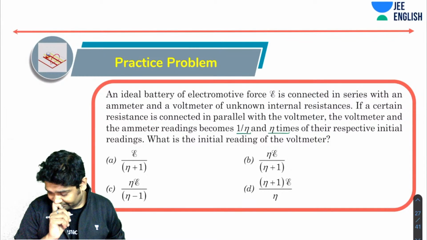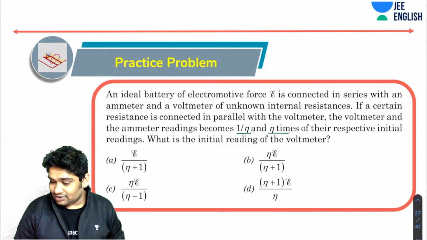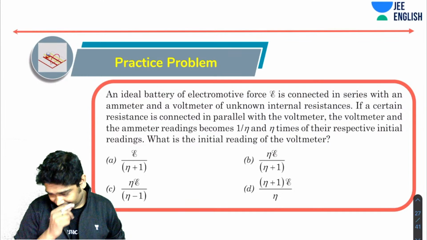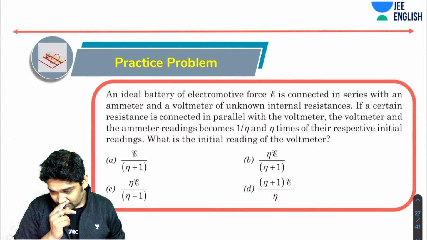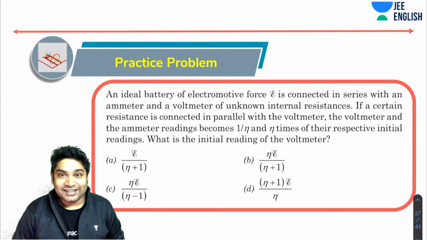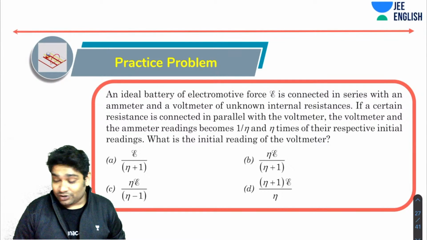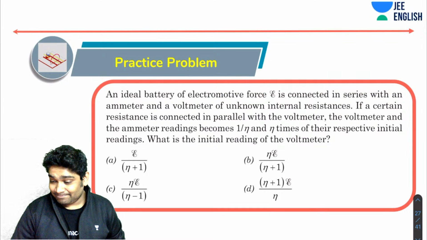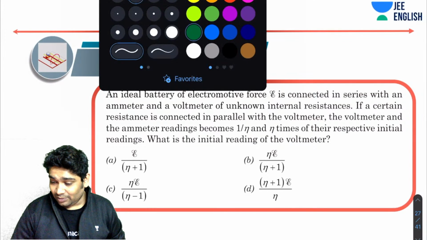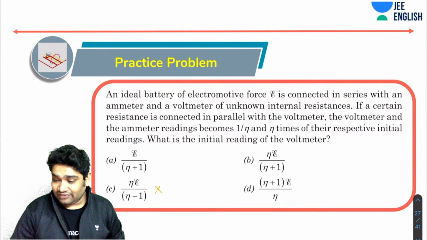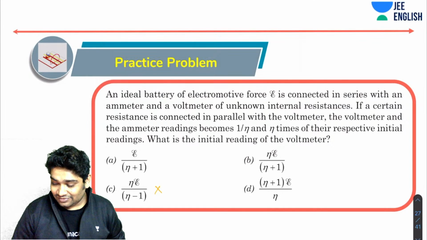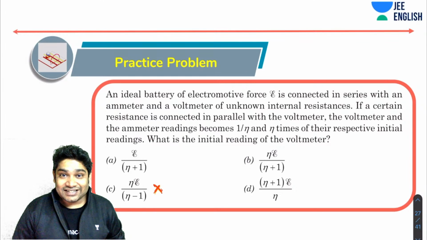But one thing I can say for sure, Gopi, logically, it cannot be C. This is definitely wrong. That's what I was thinking. There's something wrong about this option. What you realize is this value is greater than the EMF.